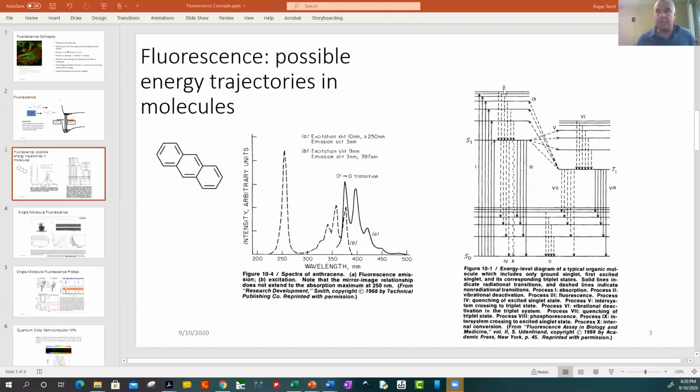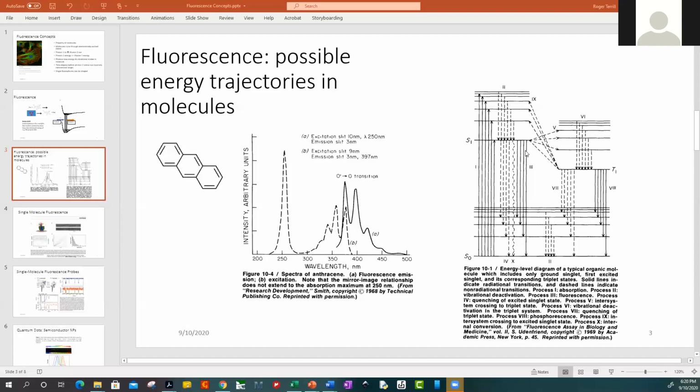I'm glad you said that, because dashed arrows correspond to non-radiative decay. Oh, okay. So it can't be the dashed arrows. This manifold here has to correspond to radiative decay, which is a solid arrow. Right?